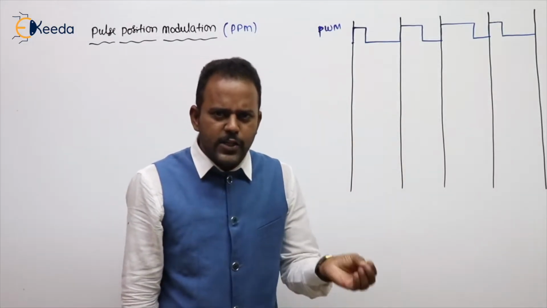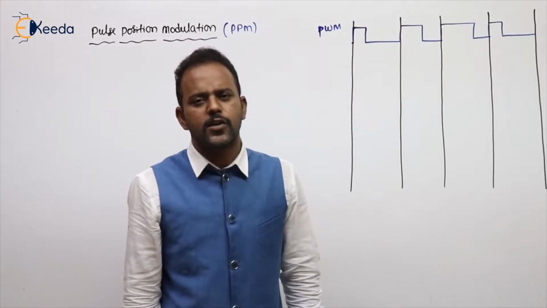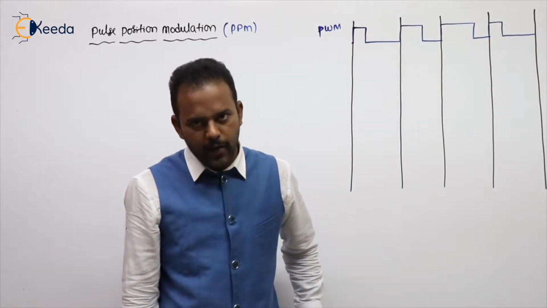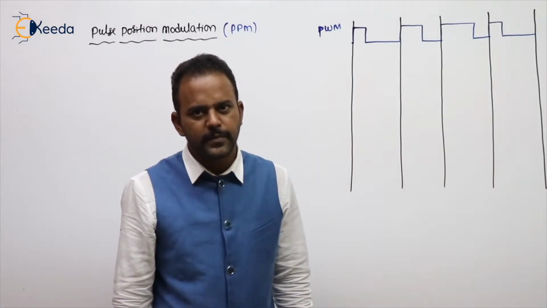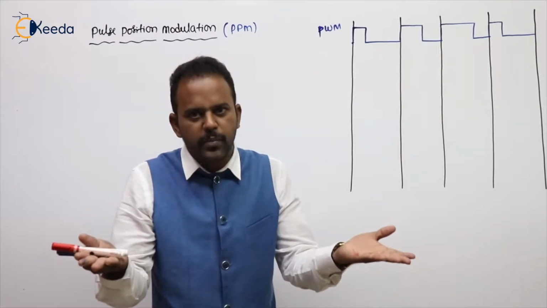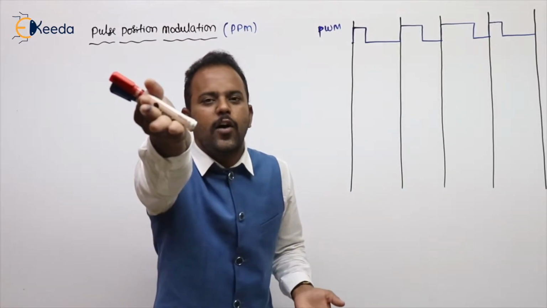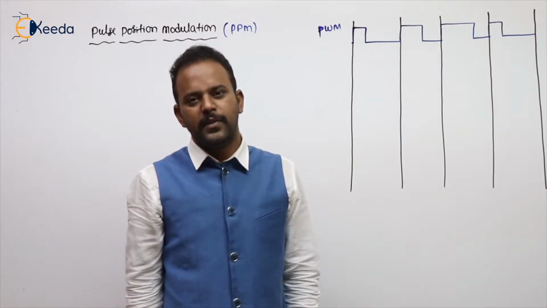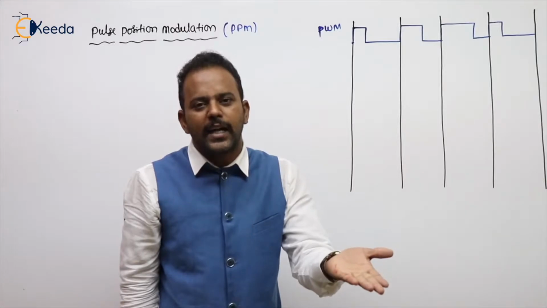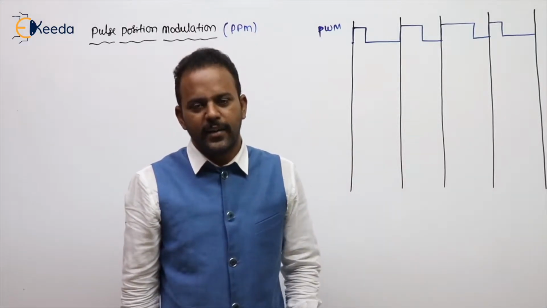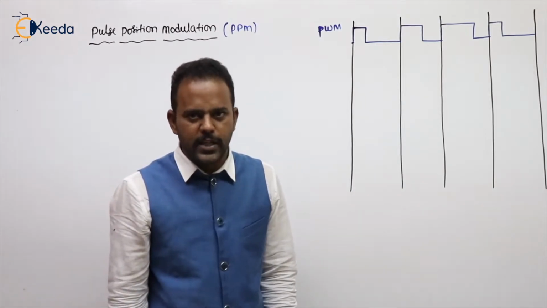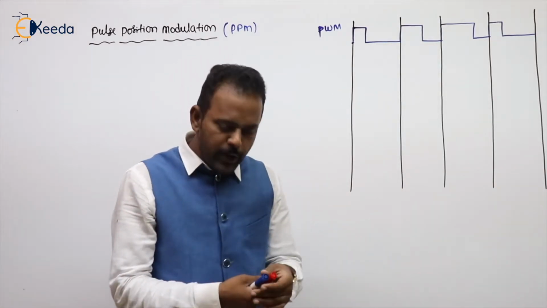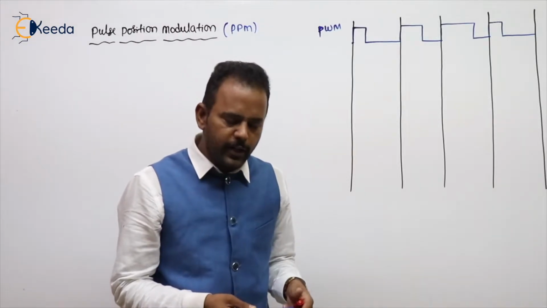Suppose the trailing edge is also known to the receiver, where it is coming, then what is the information in that? There is no information. The receiver already knows what you are sending. Then what is the need of sending that? In PWM, the trailing edge is not known to the receiver, but the leading edge will be known. It is coming at regular intervals of time.